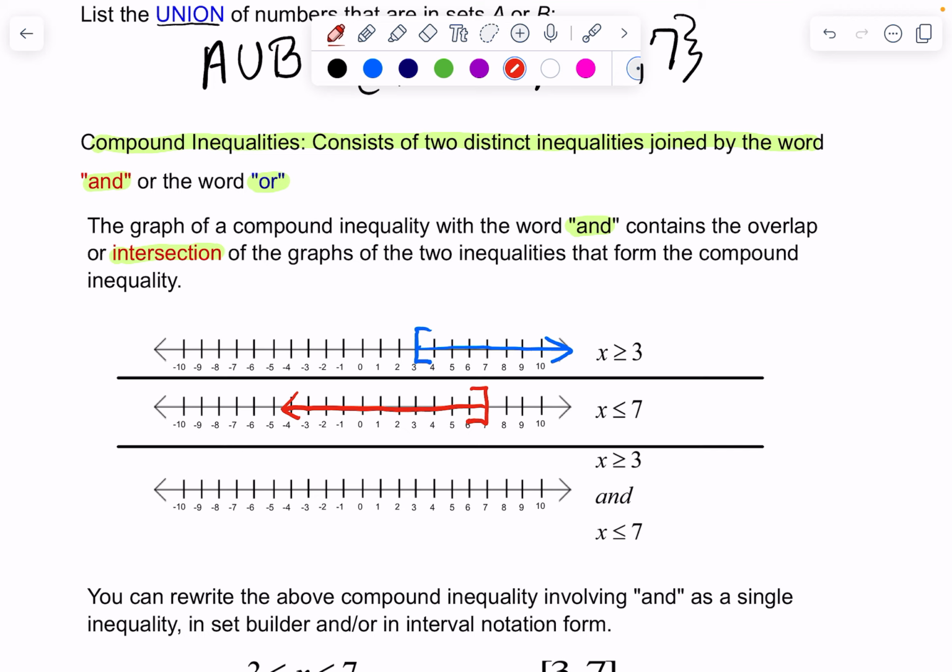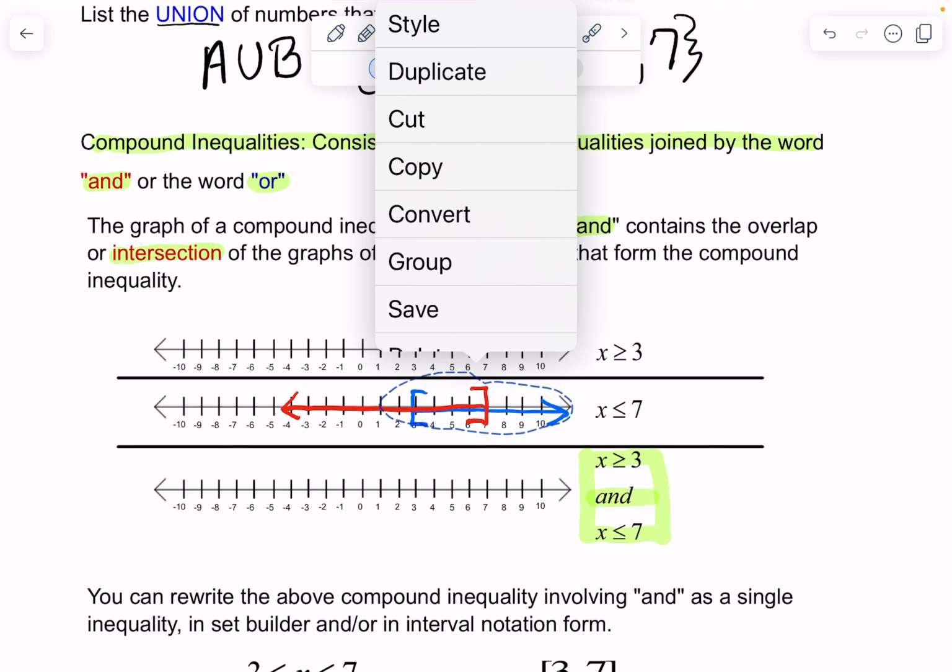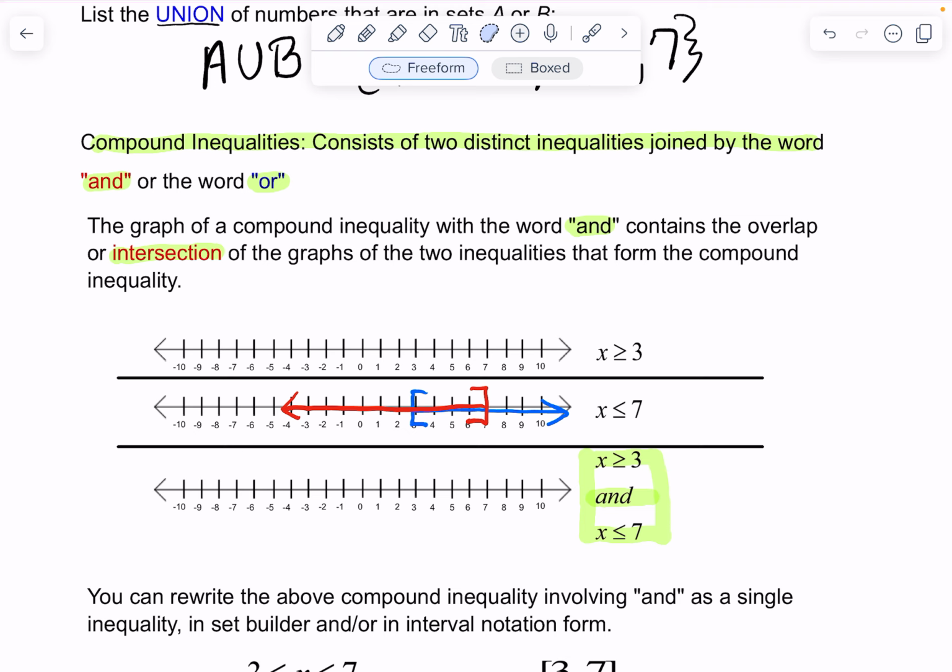Now, let's look at the combination of x is greater than or equal to 3 and x is less than or equal to 7. We're going to put one graph on top of the other. And we're going to see here that there is an overlap right here in purple in the middle.